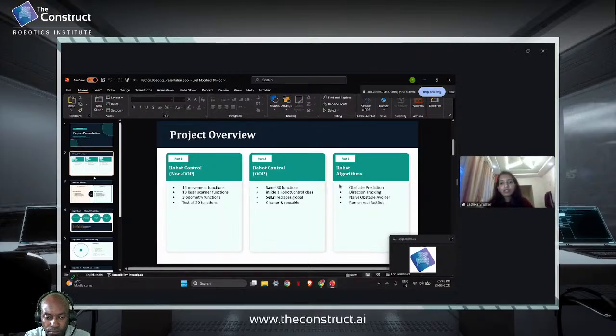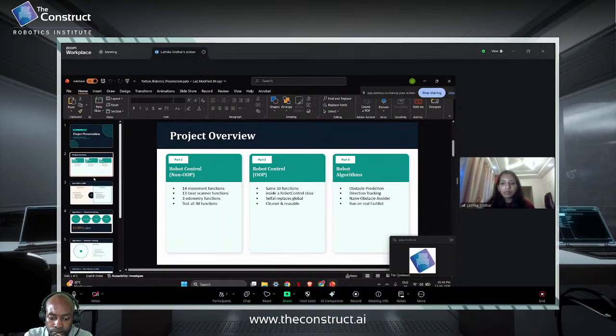The second one is the object oriented programming version. It includes the same functionality, but all of the functions reside inside a robot control class, which makes the code cleaner, reusable, and much more modular. And thirdly, we have the algorithms.